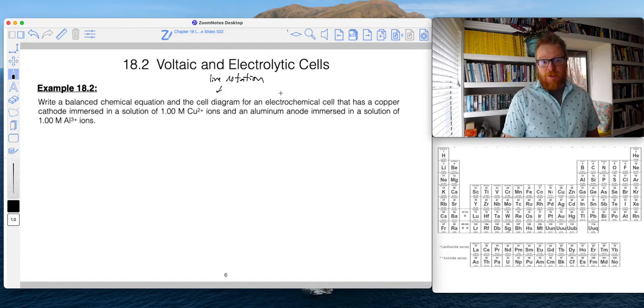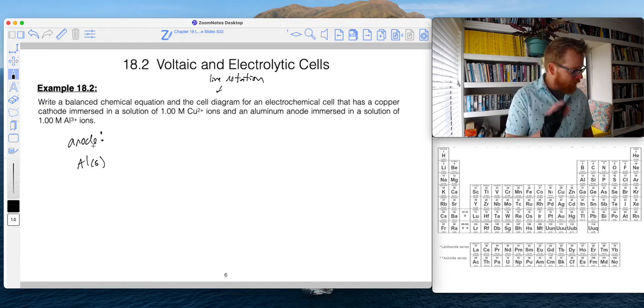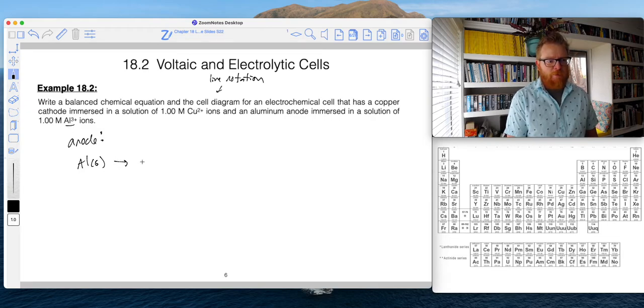So first of all, let's just work on that. So we know that we have an aluminum anode. And at our anode, okay, that's going to go aluminum solid. Remember, the anode reaction starts with the aluminum solid. And we can see it's going to make aluminum 3+.